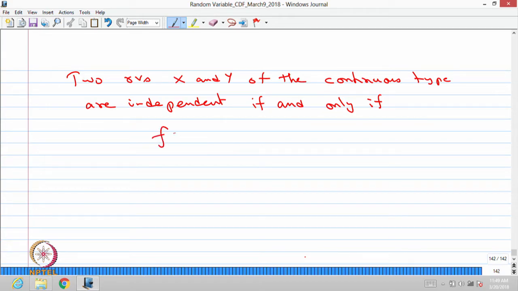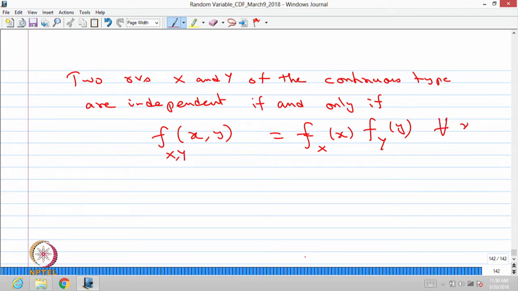So, the joint probability density function, when I write subscript x comma y, that means it is the joint probability density function of x comma y, is the same as the probability density function of x multiplied by the probability density function of y, for all x comma y. If this condition is satisfied, then the two random variables of the continuous type are independent.